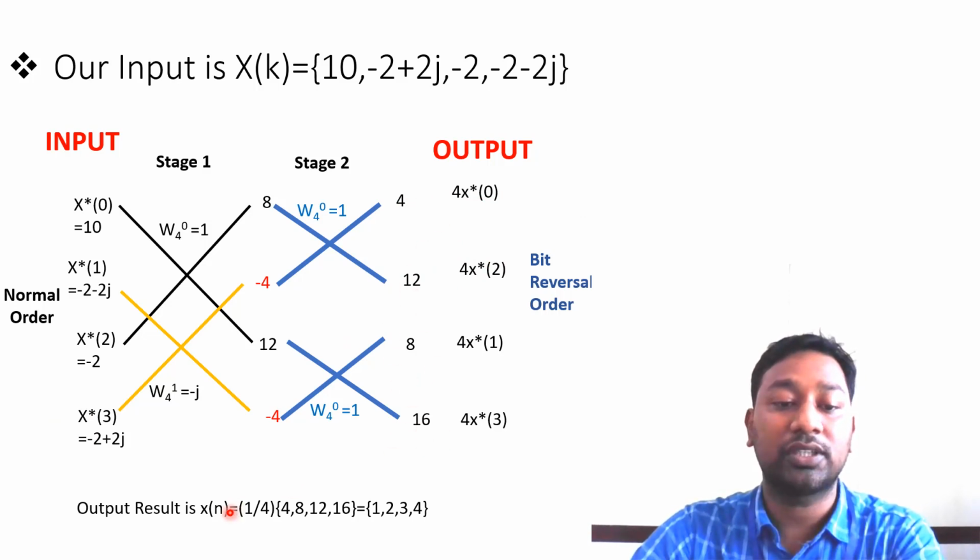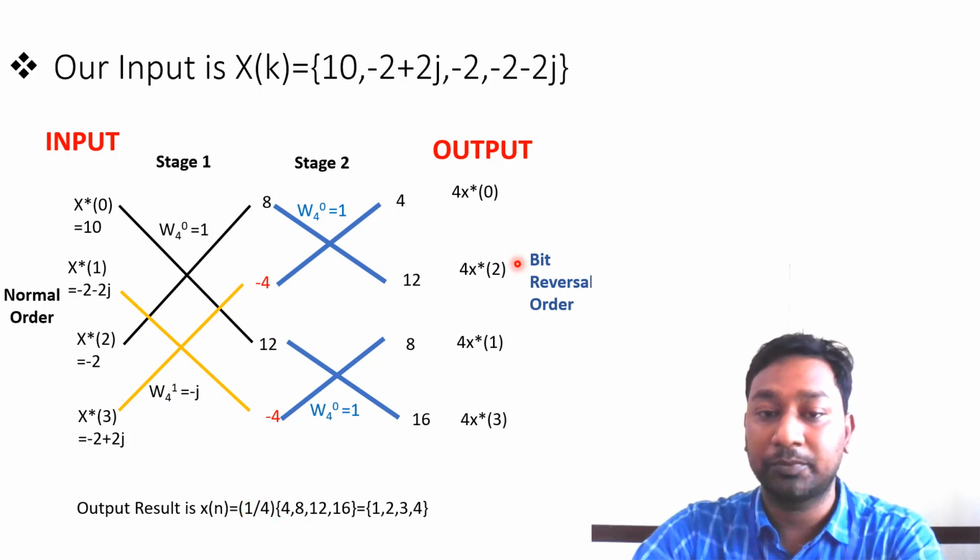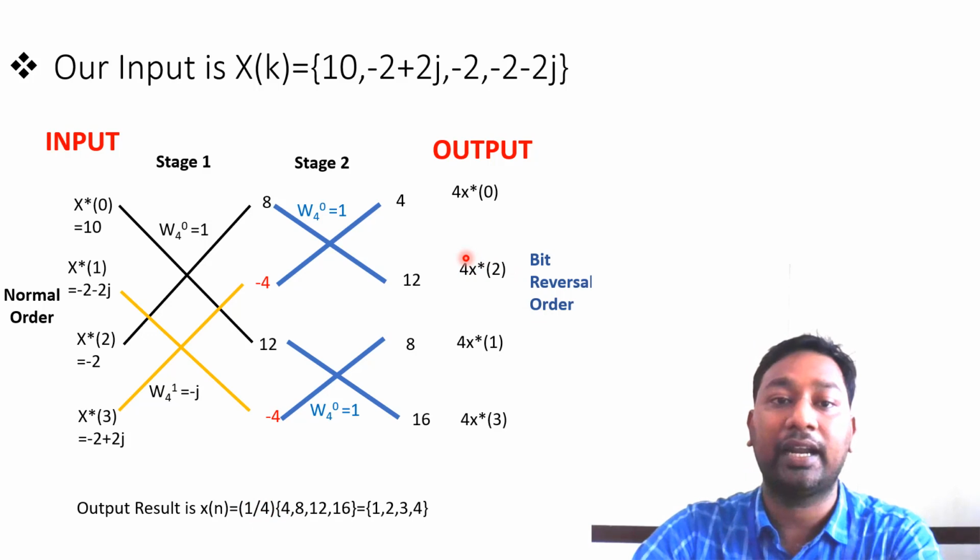The output is 4, 8, 12 and 16 divided by 4. Because our DFT problem is a 4 point sequence, we should divide by 4. So the answer is 1, 2, 3, 4. That is the complete IDFT problem using the DIF algorithm.